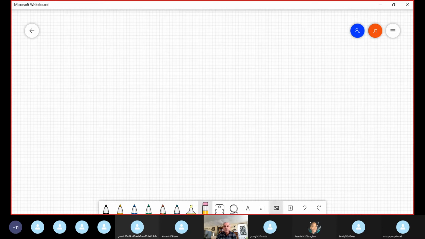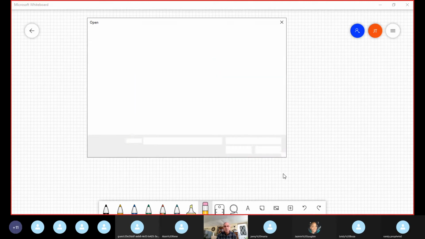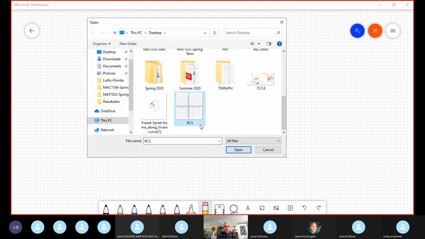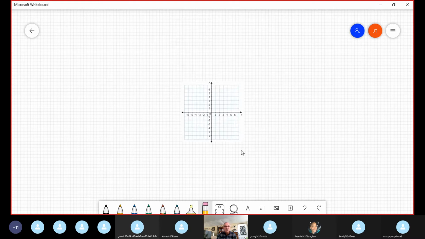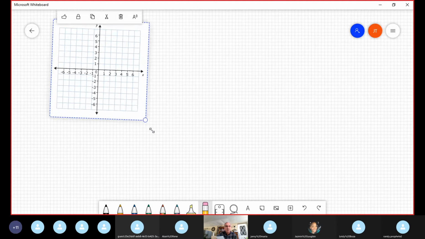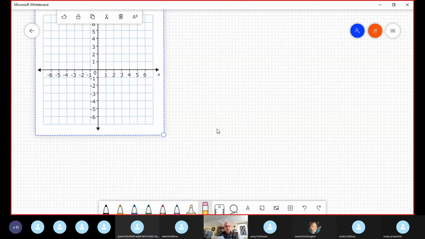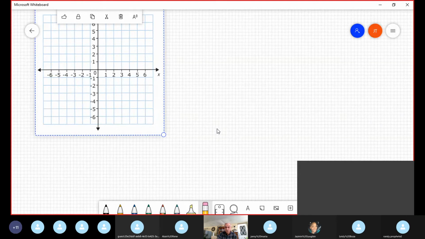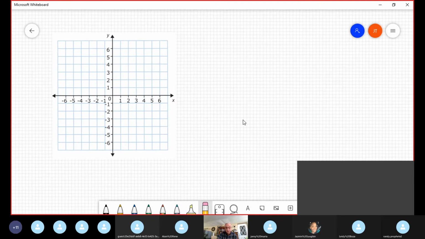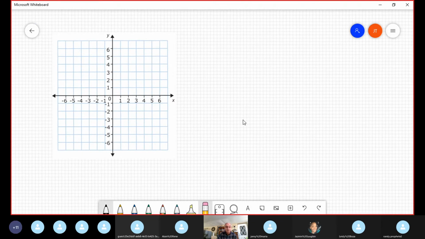I have in my computer one elegant rectangular coordinate system. Sometimes when I use this, some students say they don't see very well. Do you see this or not? Yes, okay.